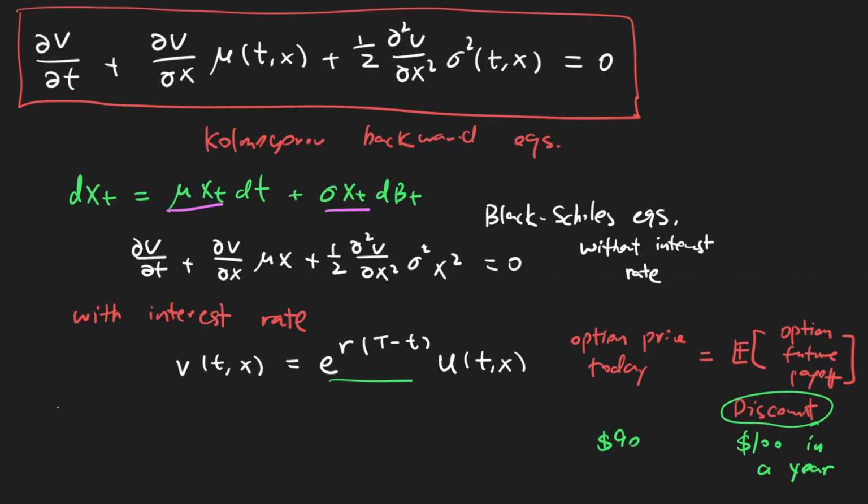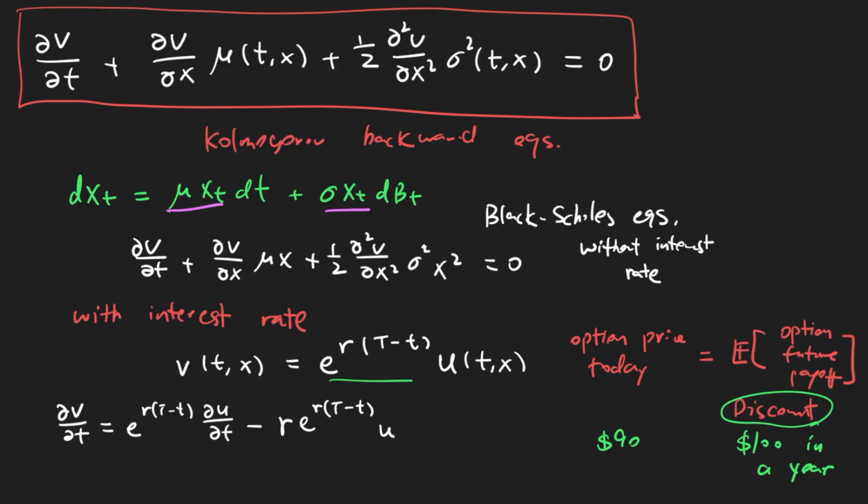So partial v with partial t will just equal to e, we need to use the product rule, times partial u partial t plus, or it's minus r times e to the r(T minus t) times u.